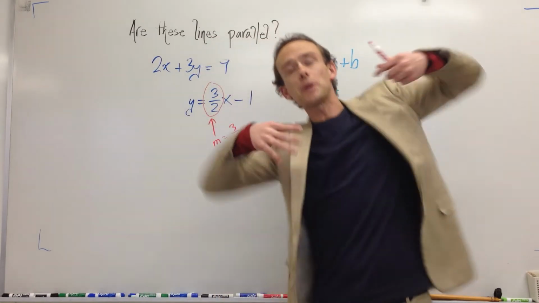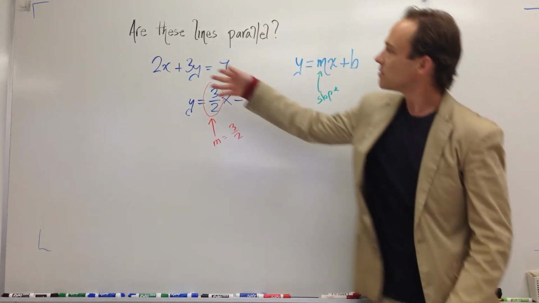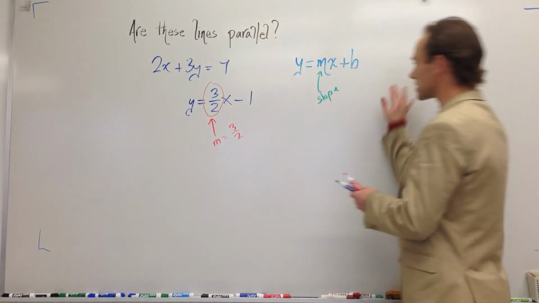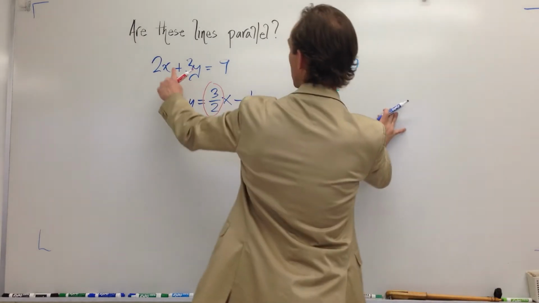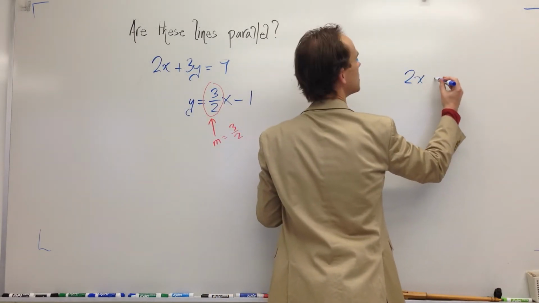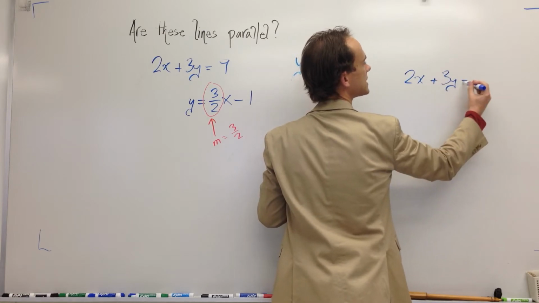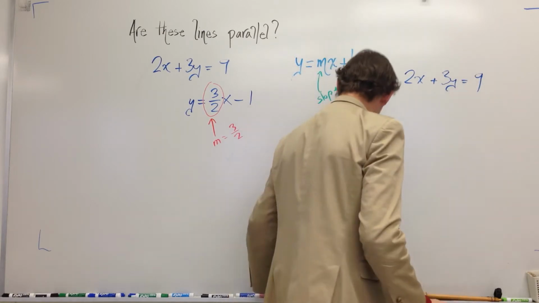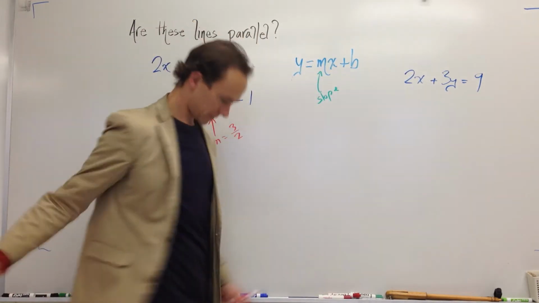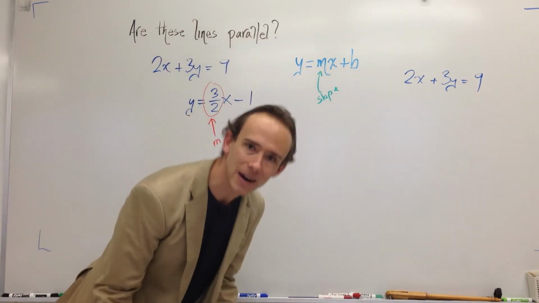So that means we're going to have to put it into slope-intercept form from standard form. Let me show you how to do that, and let me use this part of the board right here. I'm going to rewrite that as 2x plus 3y is equal to 9. My goal is to go from this form to this form, and it's always a two-step process.